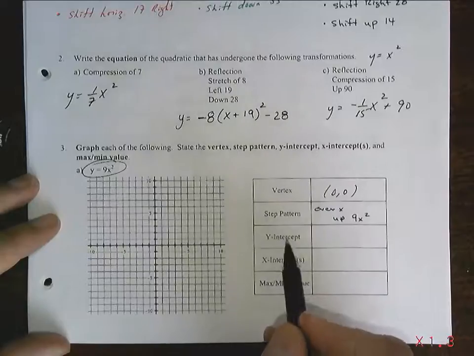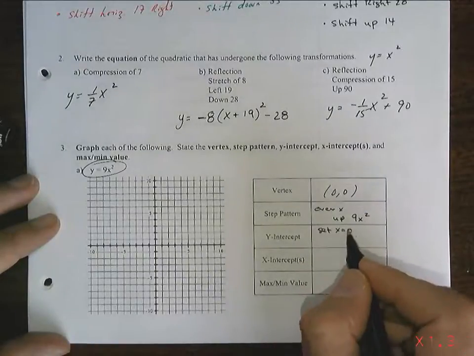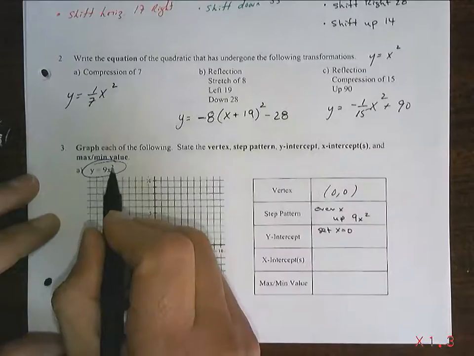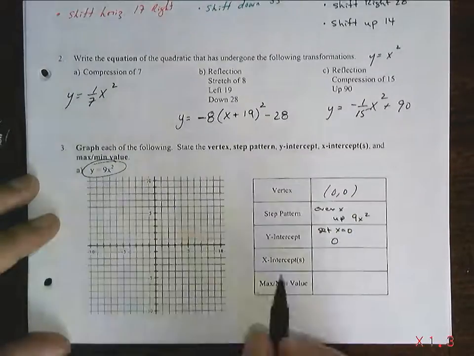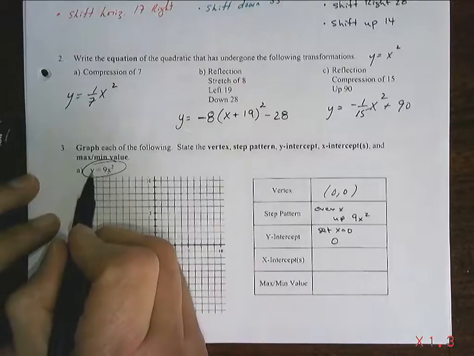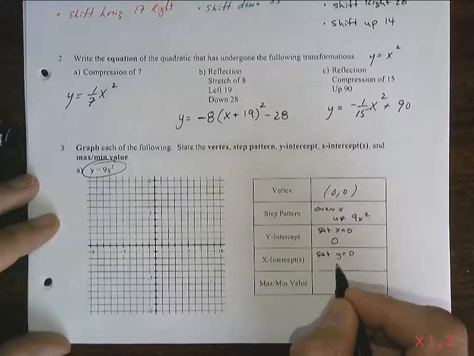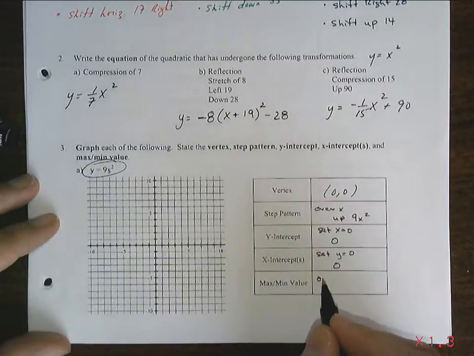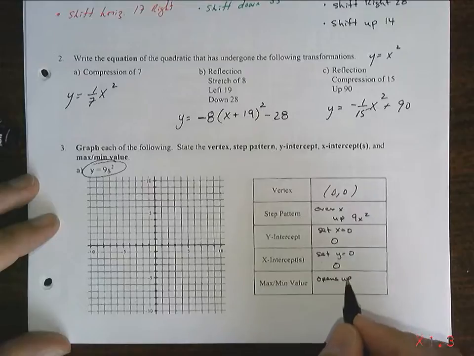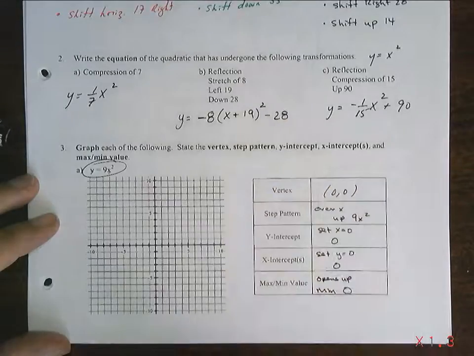My y-intercept can be found easily if I set x equal to 0. I get 0 squared is 0, times 9 is 0, so my y-intercept is 0. My x-intercept, if I set y equal to 0, the only value of x that will give me a 0 on this side is also 0. It opens up, so I'm going to have a minimum, and the minimum is going to come from my vertex, and it's going to be 0.